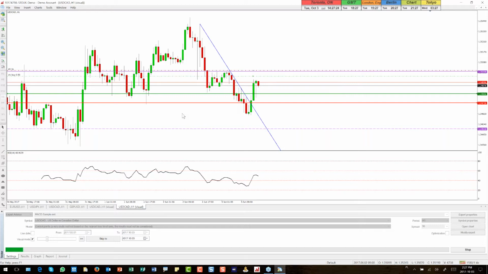And the best tool is Excel or OpenOffice or whatever you're using. Create a spreadsheet with the information: the date, time, the price we open the position, what was the initial stop, and what's the profit of the position, what's the loss.